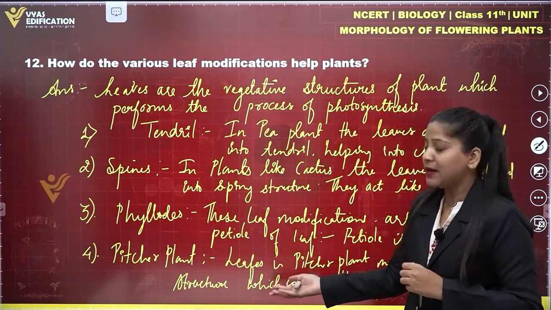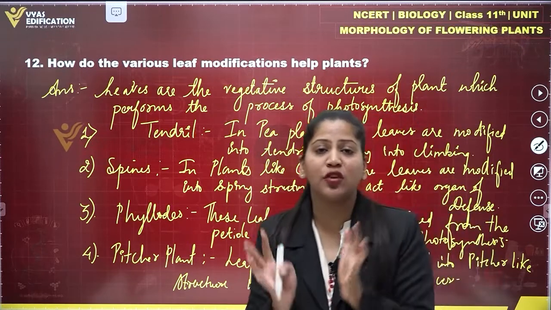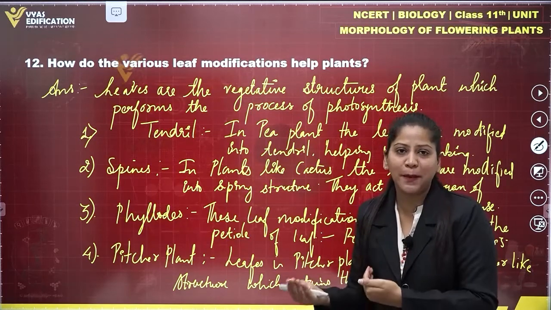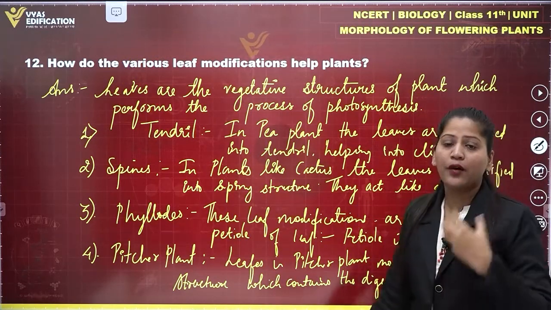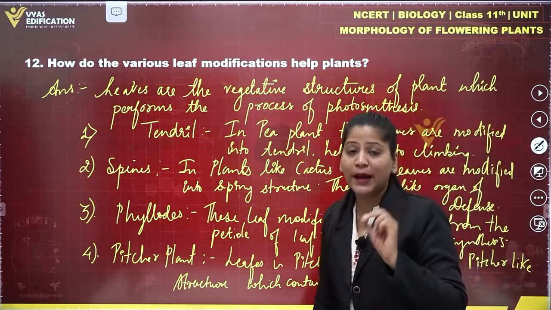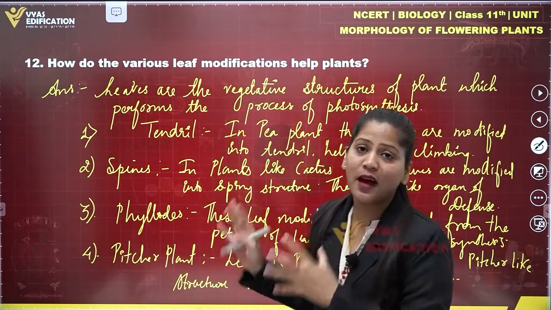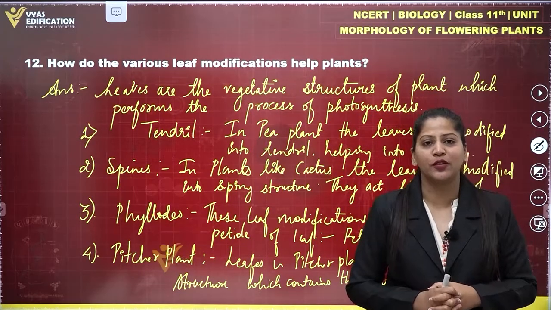In pitcher plant, they act like a pitcher-like structure which contains the digestive juices and helps in capturing and digesting insects. And in phyllodes, the petiole is the structure which performs photosynthesis. So these are the modifications of leaves, and with this we have completed the answer of question number 12.